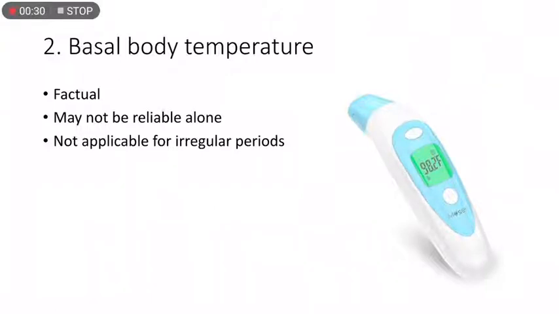It is not feasible practically. And used alone, the basal body temperature method is not reliable. Also, we will not be able to apply this for an irregular menstrual cycle because we wouldn't be able to calculate with precision when ovulation has occurred.